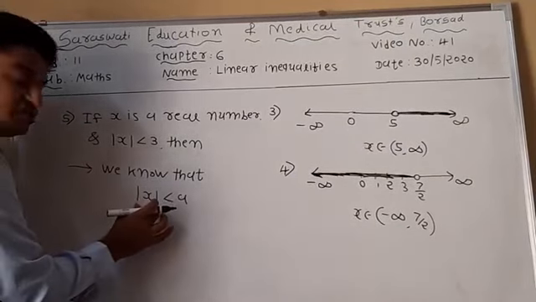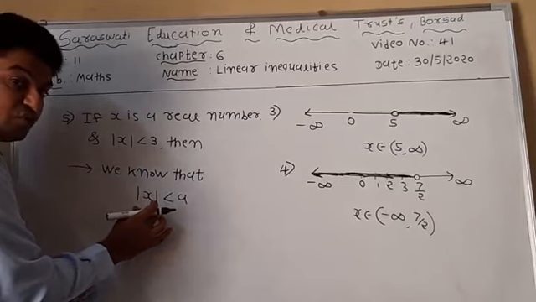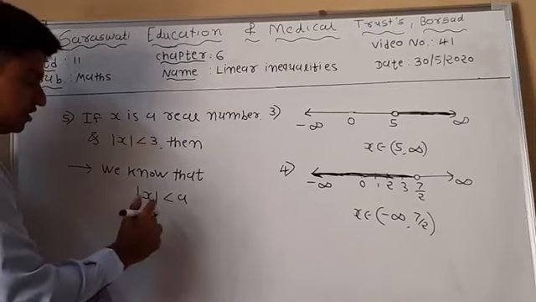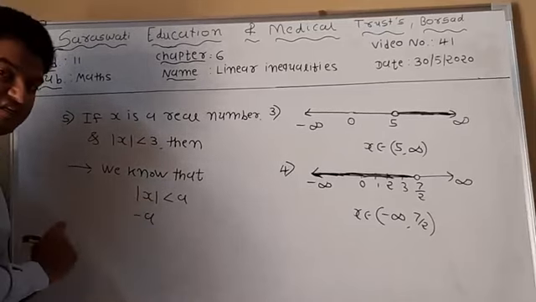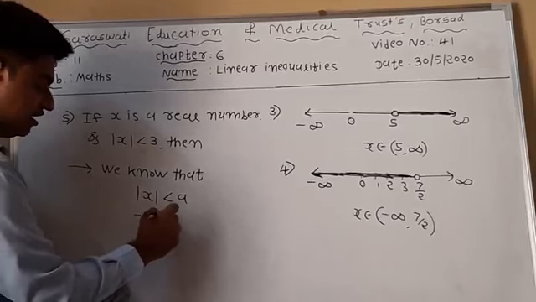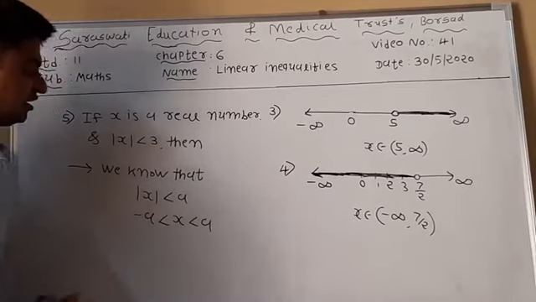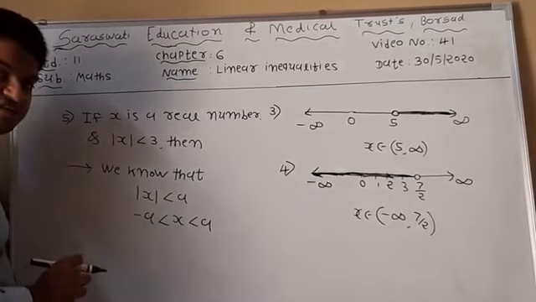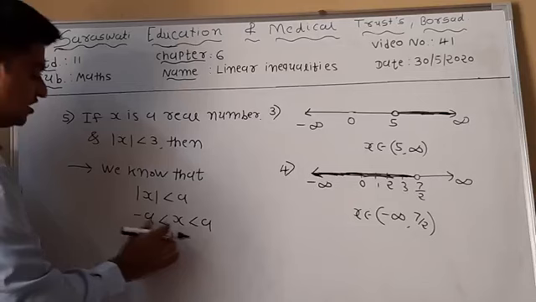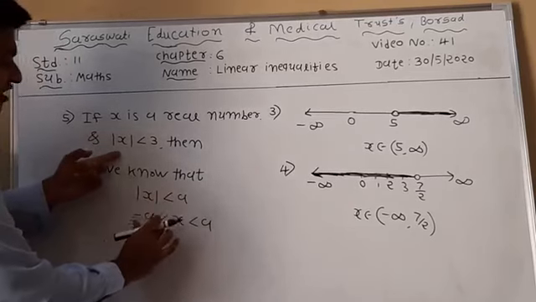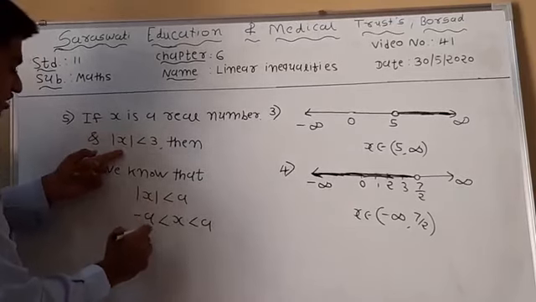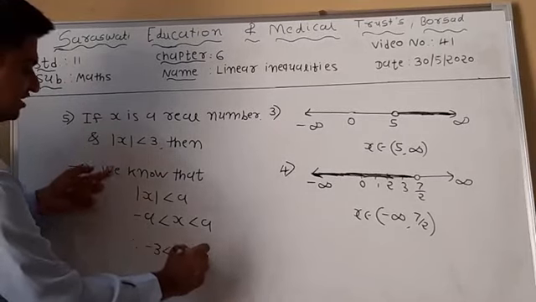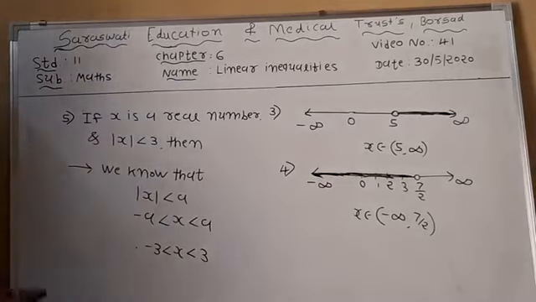Removing the mod, we get two values, one negative and one positive, represented as minus a less than x less than a. Now the condition is mod of x less than 3, so in place of a we put 3. So our final answer is minus 3 less than x less than 3.